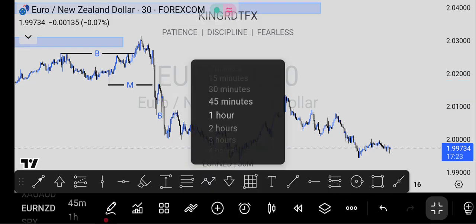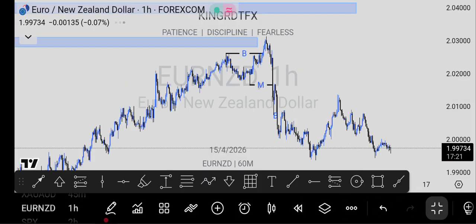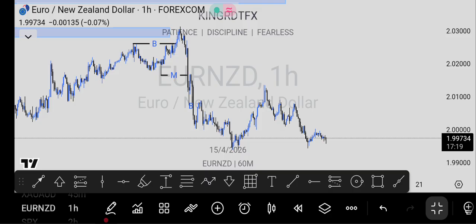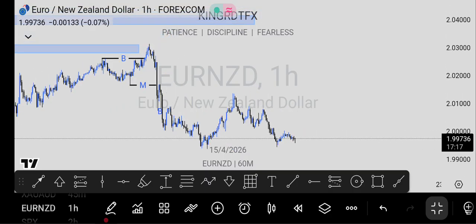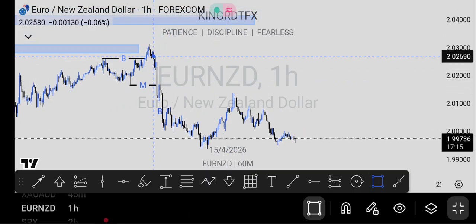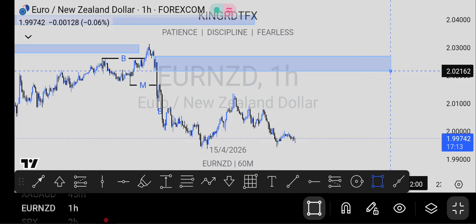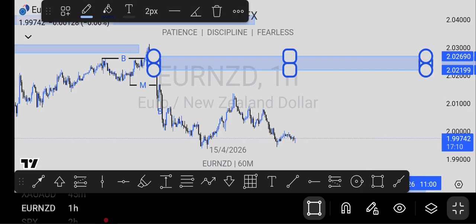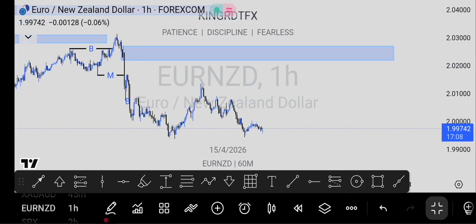So back to our 1 hour. Because you know price is not gonna react here, the sellers are in control.